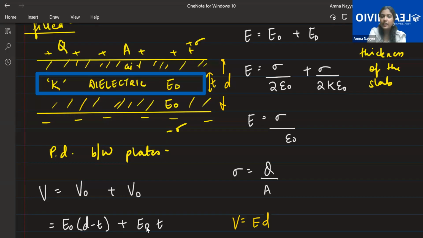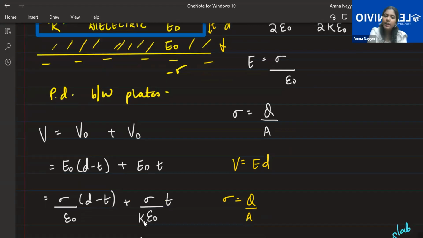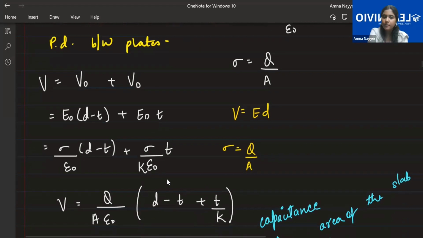Air is similar to the first part: sigma by 2 plus sigma by 2, so ultimately it will be sigma by epsilon naught. But for the dielectric you cannot put sigma by epsilon naught, because the dielectric constant will come this time. So we multiply with K. This is the only difference. For air it is sigma by epsilon naught; for the dielectric slab it will be sigma by K epsilon naught.